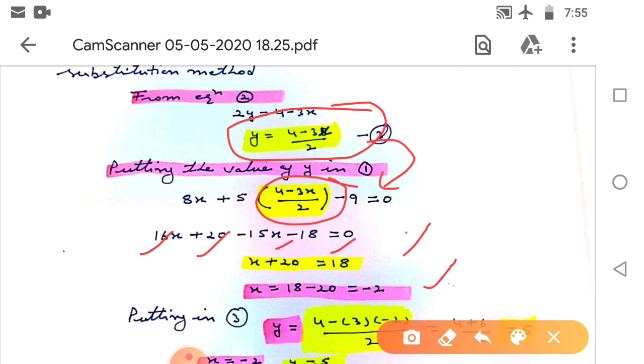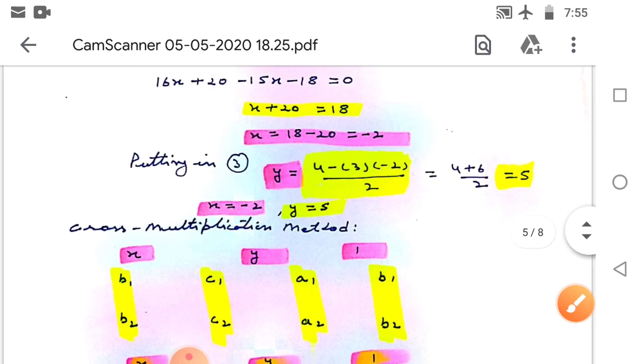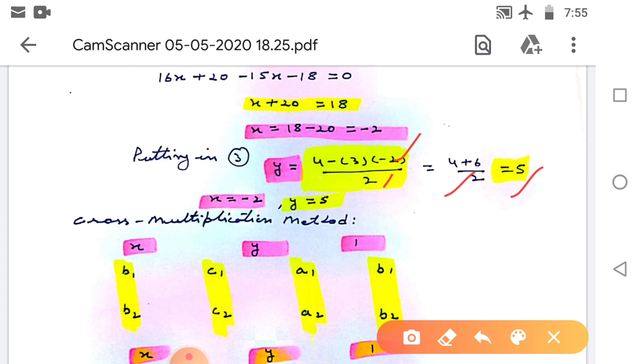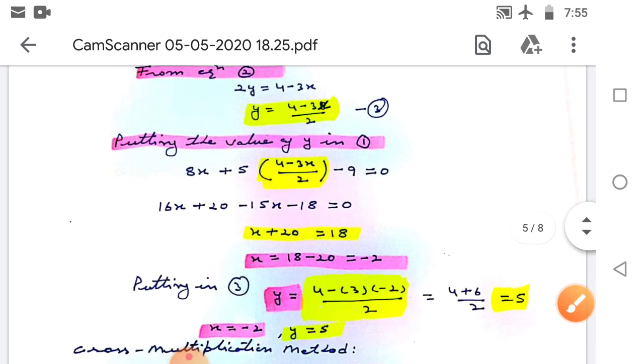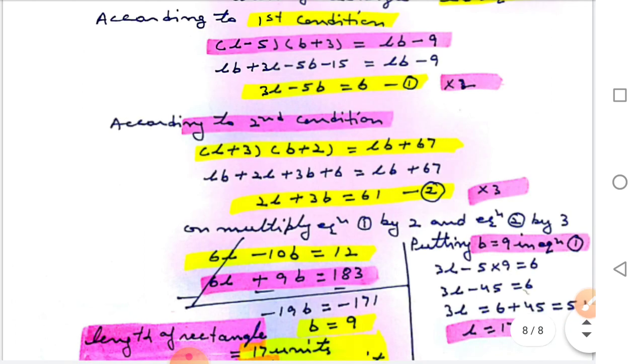Now putting the value of x in equation 3, we get y is equal to (4 minus 3 into minus 2) divided by 2, and 4 plus 6 by 2 is equal to 5. So finally we get the value of x as minus 2 and the value of y as 5. This is by the substitution method, substituting the value from one equation into the other equation.